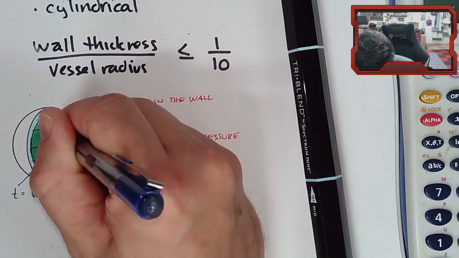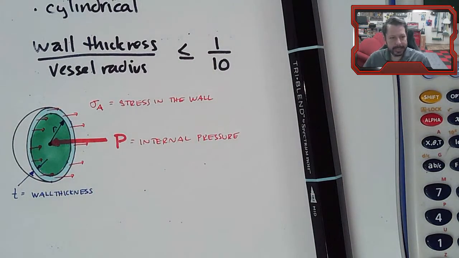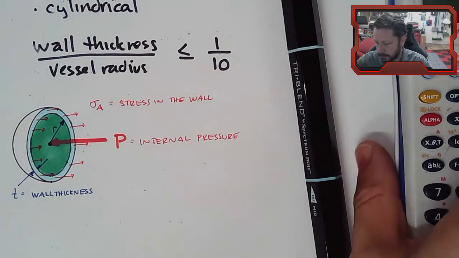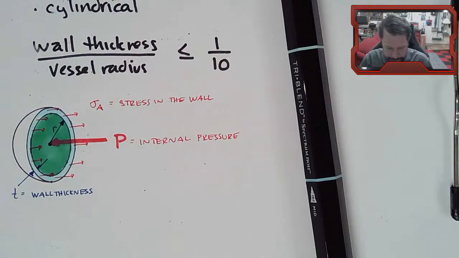This will be R, and it's going to be the inside radius. It might make more sense to have the outer radius, particularly if you're trying to describe the size of a basketball, we wouldn't really talk about the inner diameter of the basketball. We'd measure the outside of it. But there's a reason we're using the internal radius here, and it'll show up in a second once we get to it. All right, so we've got our variables.